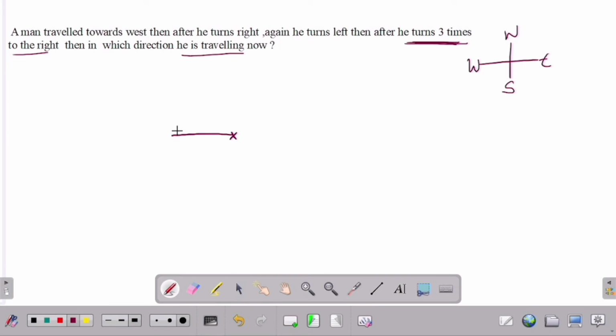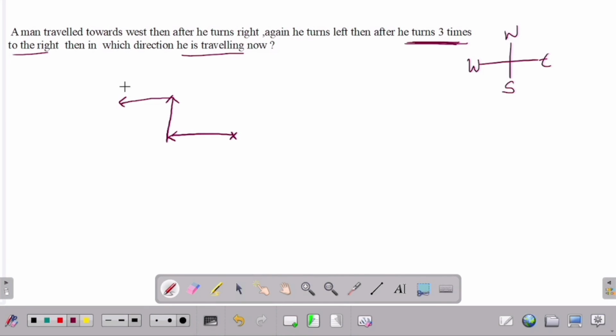Then after he turns right. So he turns right. This is my right. Then he turns left. Then after he turns left. And he turns 3 times to the right. See here, now first right.